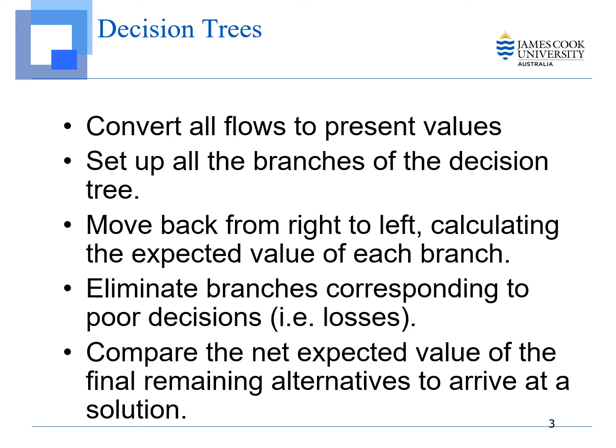So we convert all flows to present value, set up the branches of the tree, move back from right to left or from bottom to up, computing the expected value of each branch, and eliminate branches corresponding to poor decisions, which are not desirable decisions, and compare the net expected value of the final remaining alternatives to arrive at the solution.